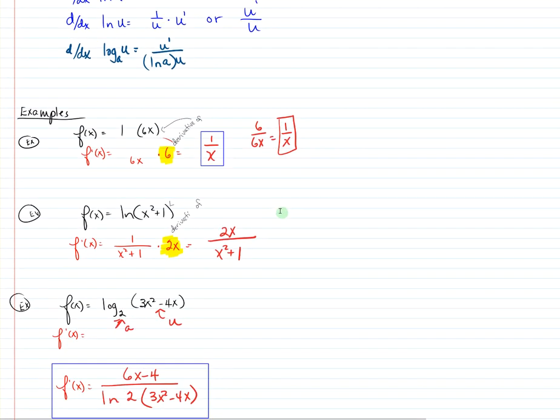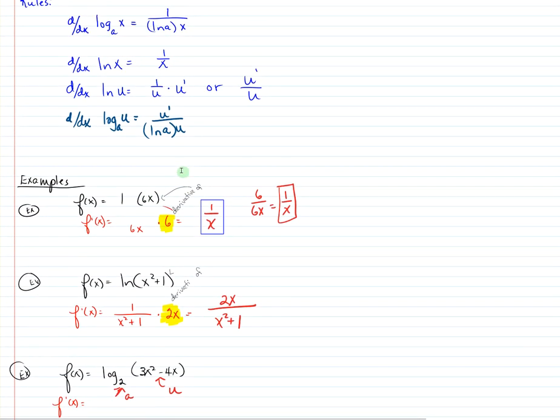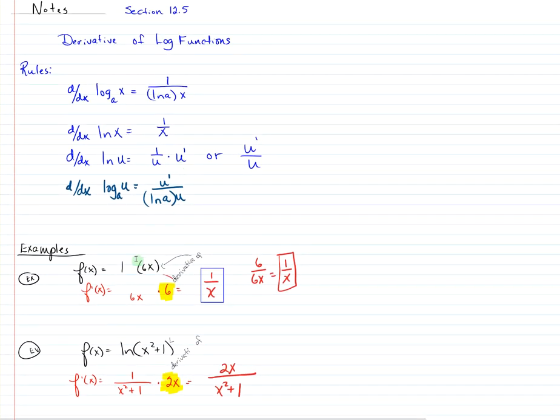Let's look at a few examples. If f of x is ln of 6x, and I fixed that, sorry, that got erased.